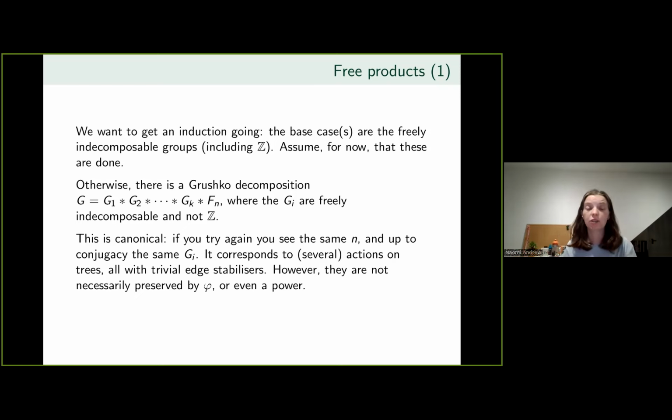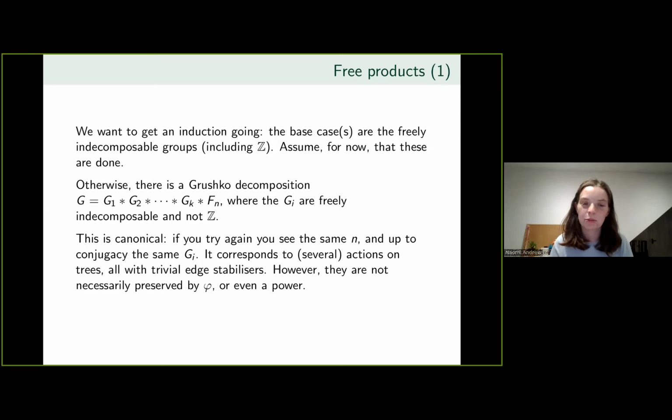It corresponds to an action on a tree, but unfortunately it corresponds to a lot of actions on trees in general. And all of these actions have trivial edge stabilizers. This is to do with being a free product, but because there's so many of them, there's usually no way to say that they're preserved by my favorite automorphism, or even a power. Passing to powers is passing to finite index subgroups.